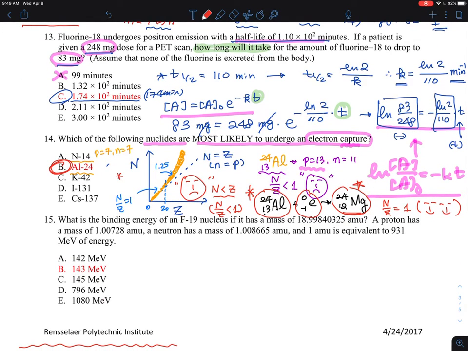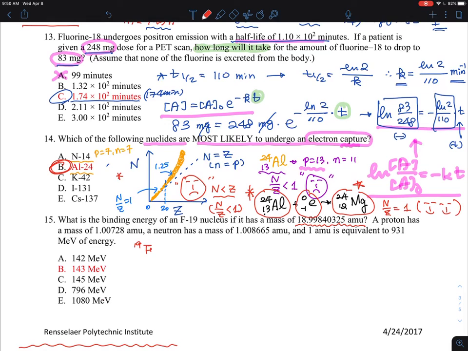Okay, I will finish up the last question, which involves a very careful calculation of the mass. It essentially starts from the fact that neutrons and protons do not have the same mass. It is in the section called mass defect and binding energy, and that's what it says here. This is an atomic mass unit, and F-19. What's the atomic number of F?